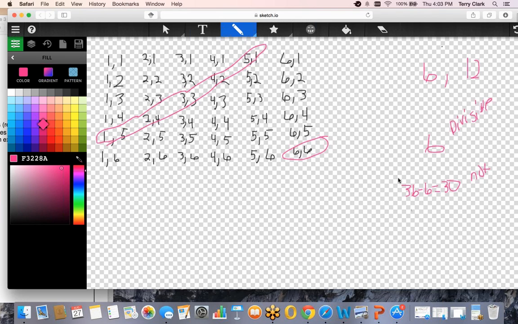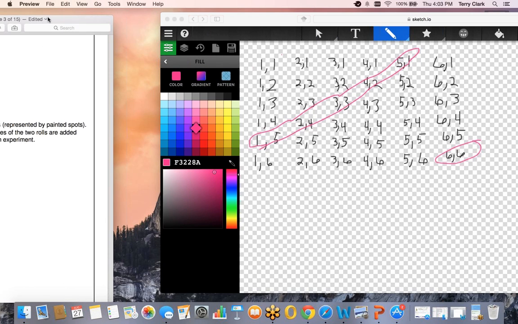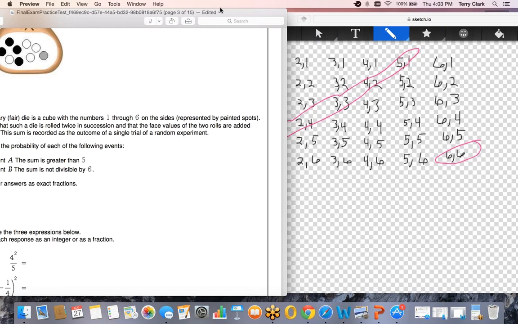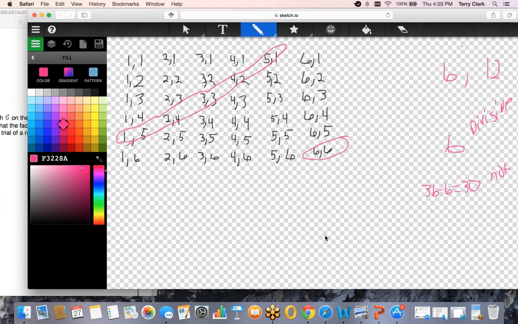Okay, and let's see what the question said again. The question said the sum is not divisible by 6. So not divisible by 6 is going to be 30 out of 36.